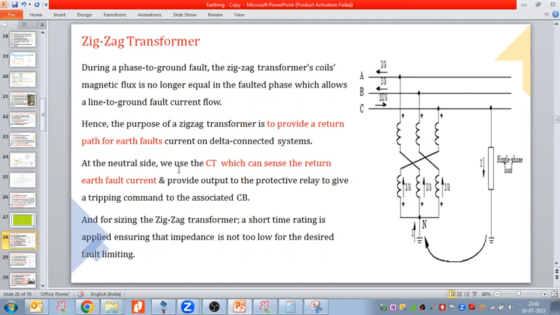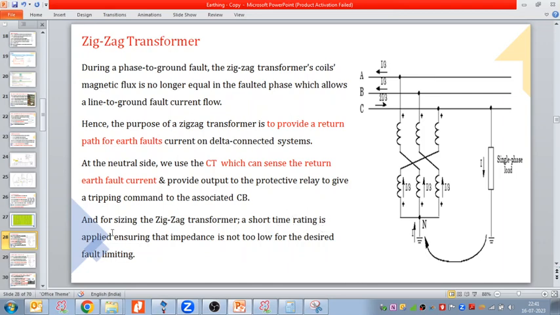At the neutral side we use the CT, which can sense the return earth fault current and provide output to the protective relay to give a tripping command to the associated circuit breakers. And for the sizing of the zigzag transformer, a short time rating, as we have taken for NGR a 10-second rating, similarly we take for the zigzag also.